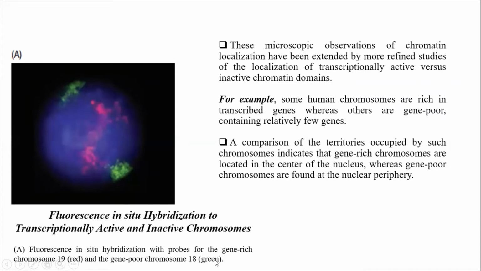Gene-poor chromosome is green, which is at the periphery. Now is it clear? No confusion? Yes, Shruti, Tanvi, is it clear or is there still any confusion? No, ma'am, it's clear. Okay, good.